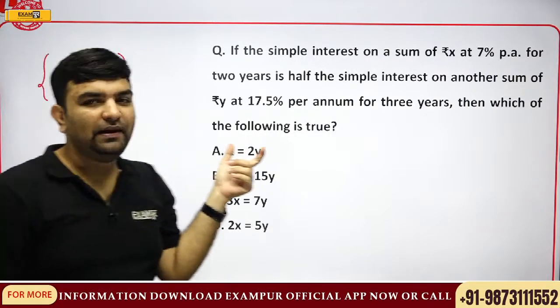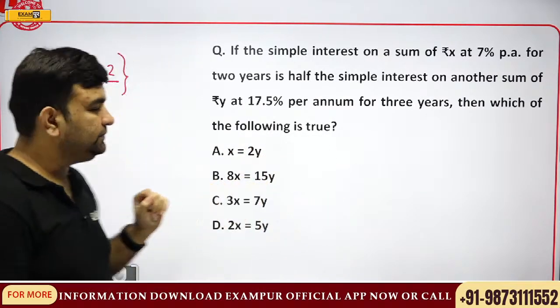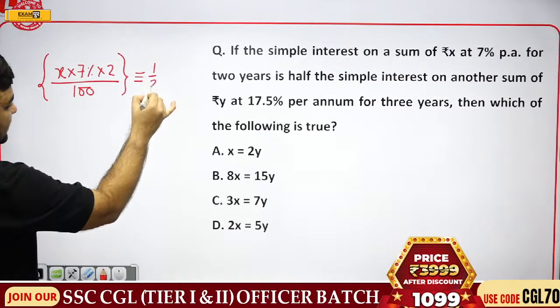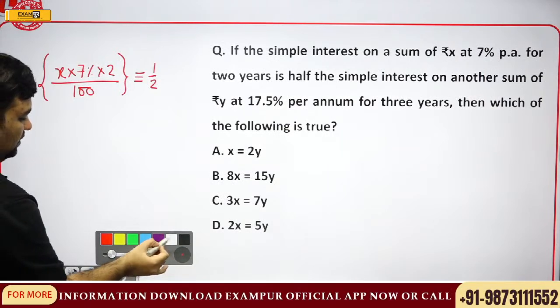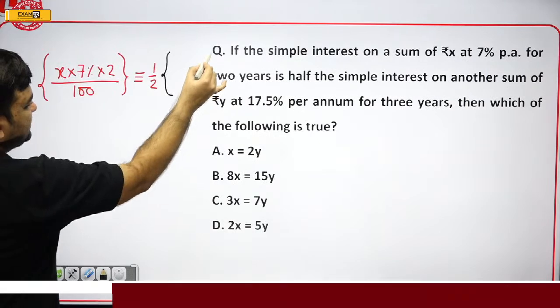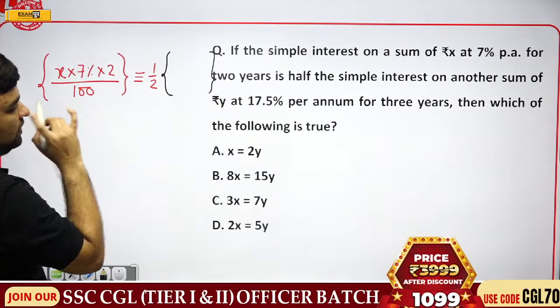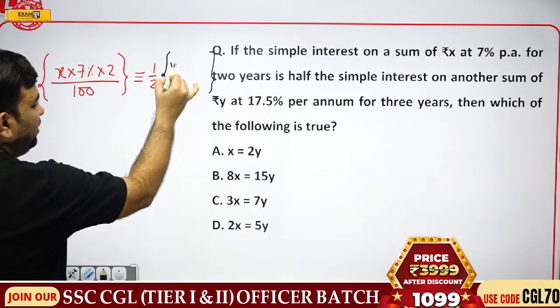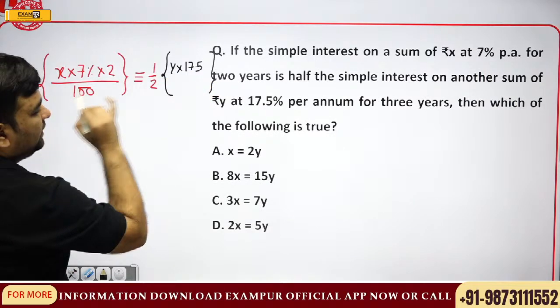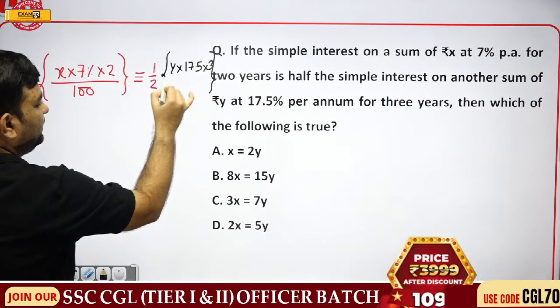This simple interest is half the simple interest over another sum, principal of y, rate of 17.5, time of 3, over 100.